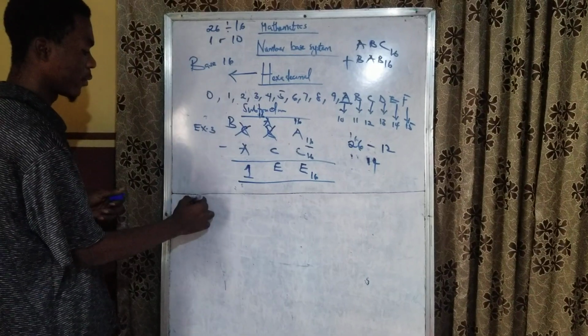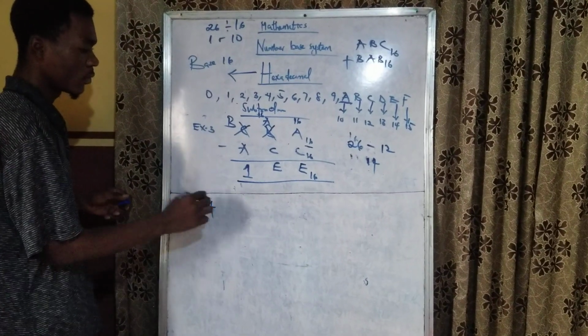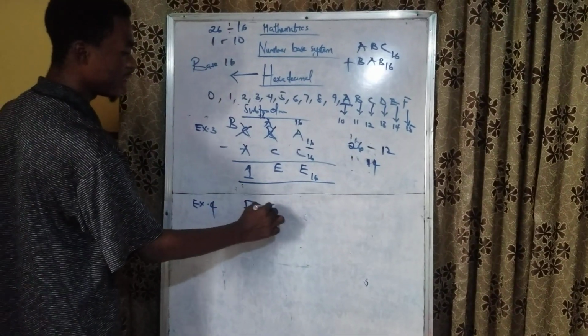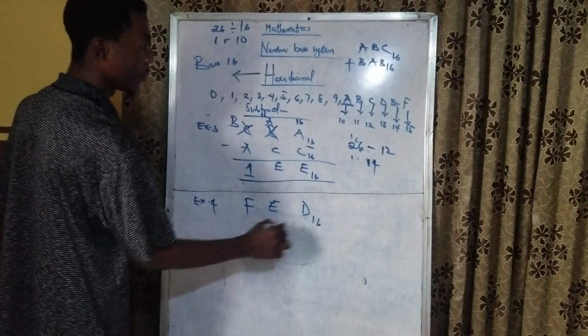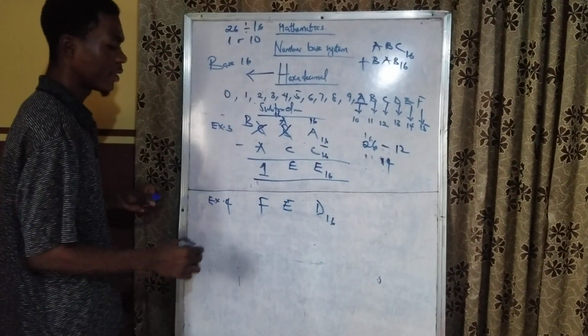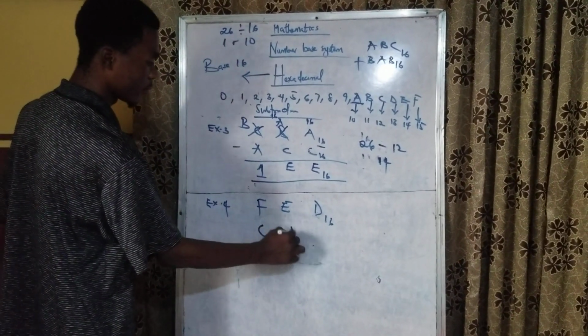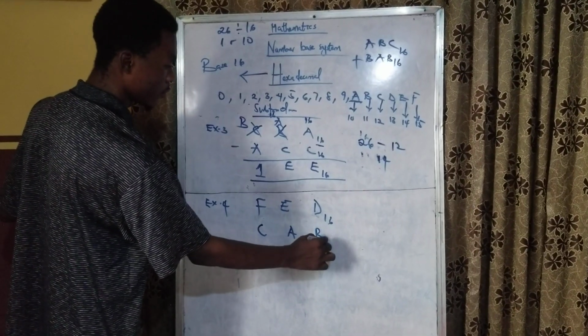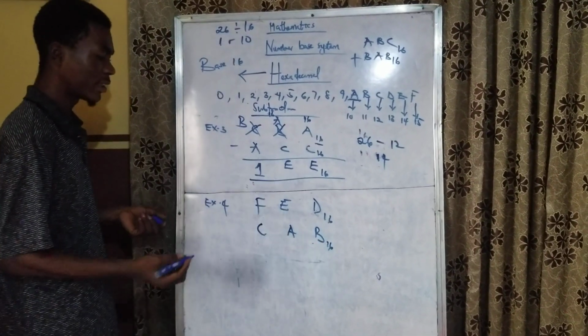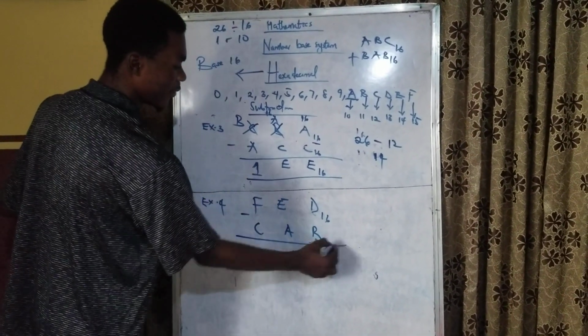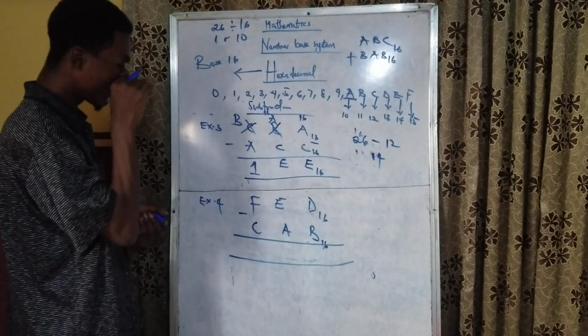Now, example 4. So if I'm having FED base 16 minus CAB base 16. I think this one is very, very simple and it's easier for us to work on. So what is D?